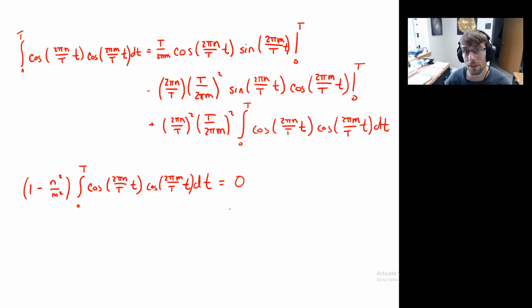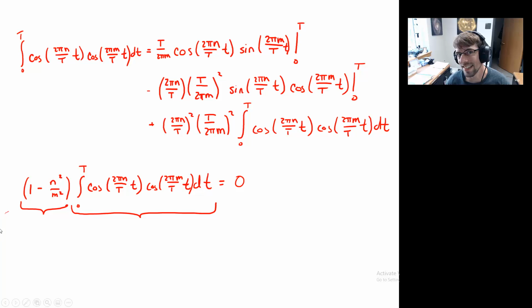Maybe that's not impressive to you. Here's the clutch now. Notice this left-hand side of the equation. I have a number times a second number equals 0. And you have two options there. It could be that this first term is 0.